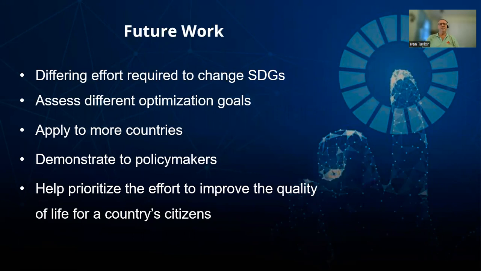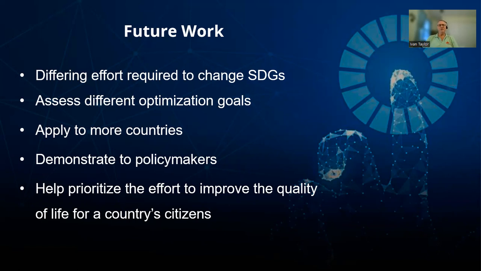So as I said, future work would be looking at differing effort required to change the SDGs. So some SDGs may be more challenging than others, and assess different optimization goals, like we looked at the optimization of maximizing the minimum score. We might want to, for example, maximize the average score or the median score. And then we want to apply it to many more countries.